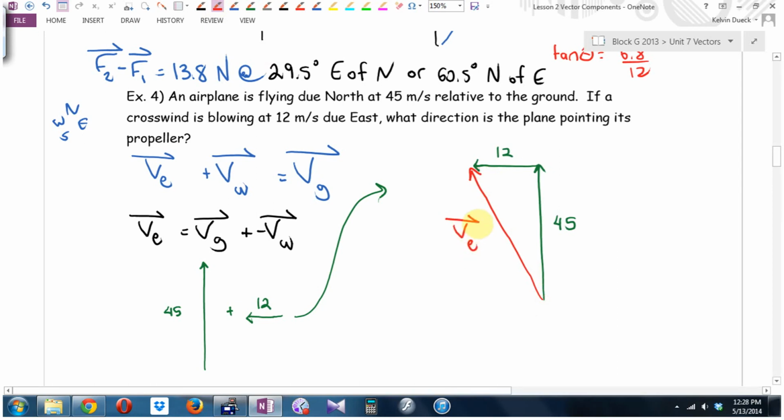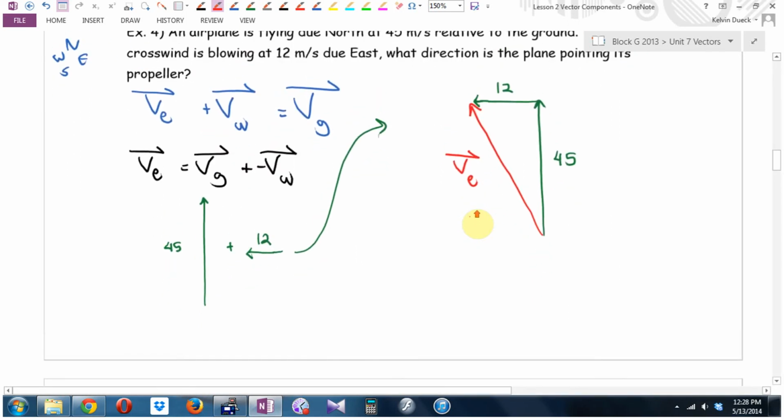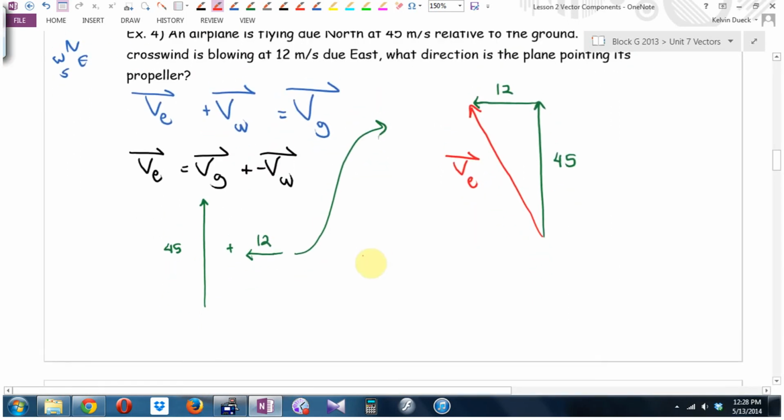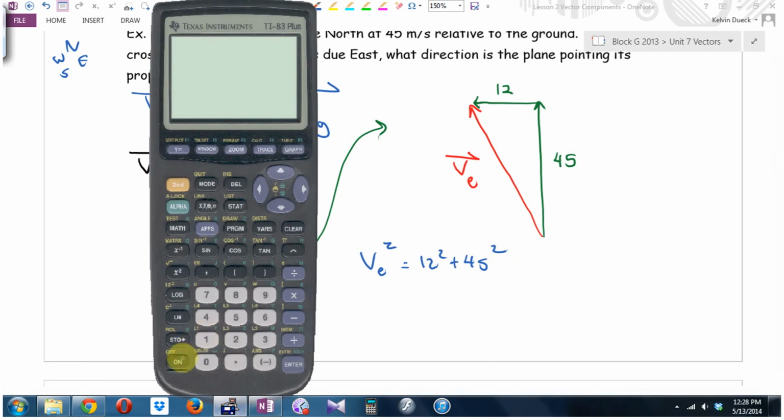Good. Try this on your own. I'm going to freeze the screen. Try doing the Pythagoras, do the theta, and see if you can get the magnitude and direction. Does this work out evenly? That'd be a fluke. Oh, no, it doesn't.